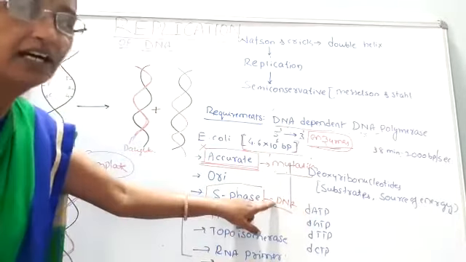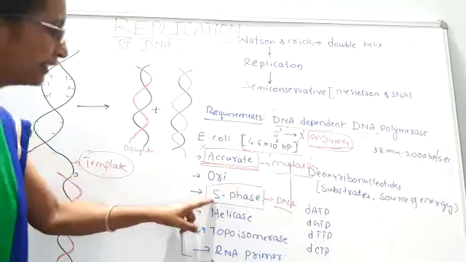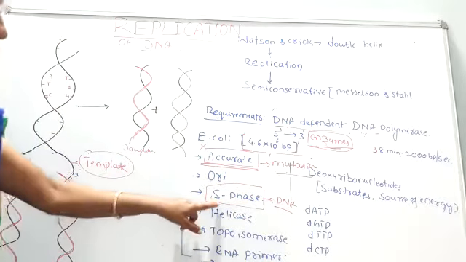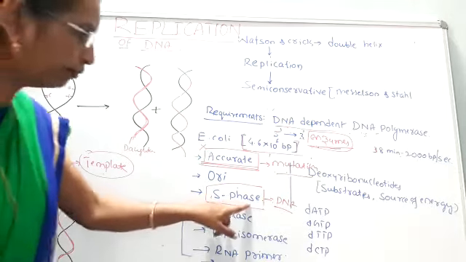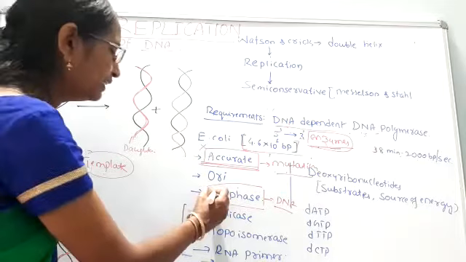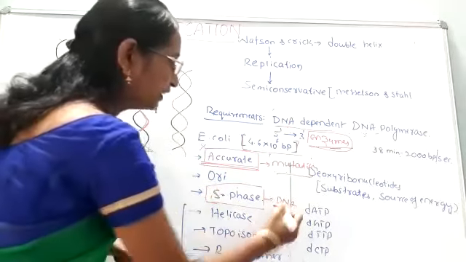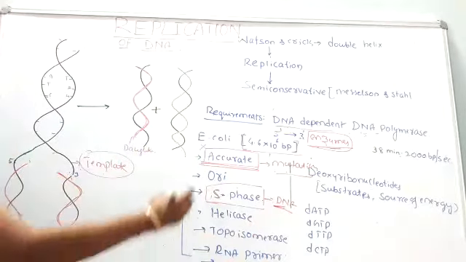That is, the synthesis or duplication of the DNA takes place during the S phase. It is an important question asked for CET. The S phase is the phase during which the replication of the DNA is carried out.